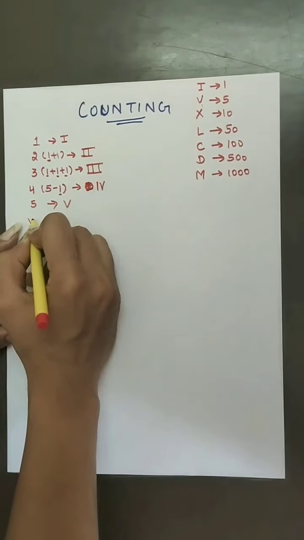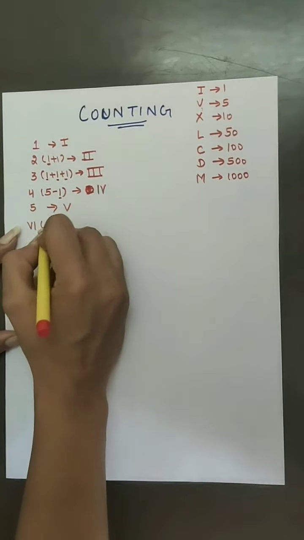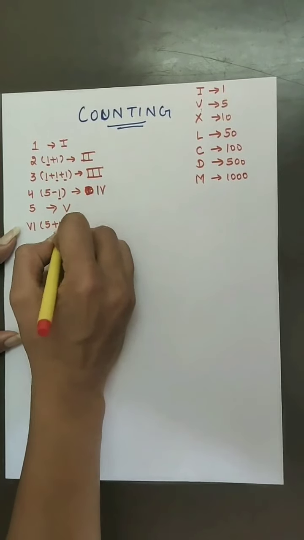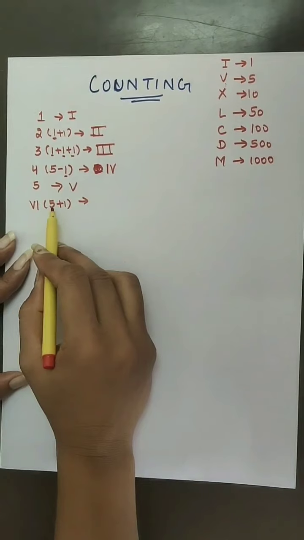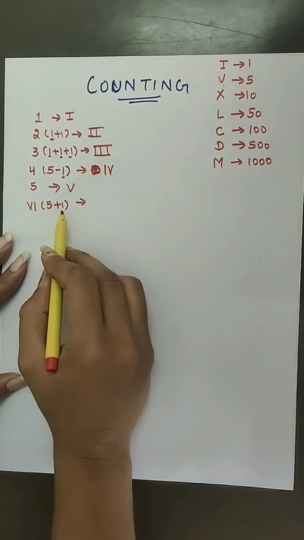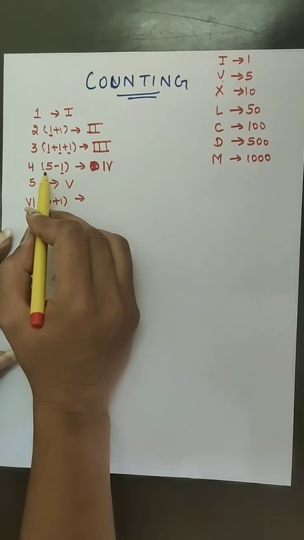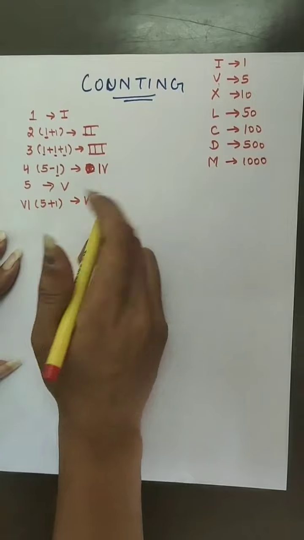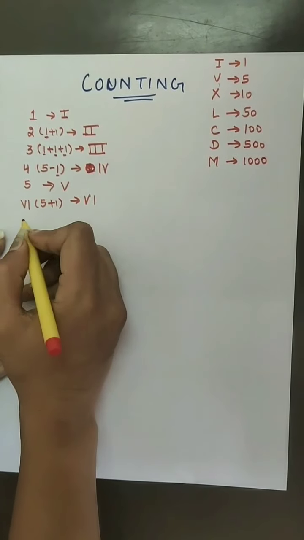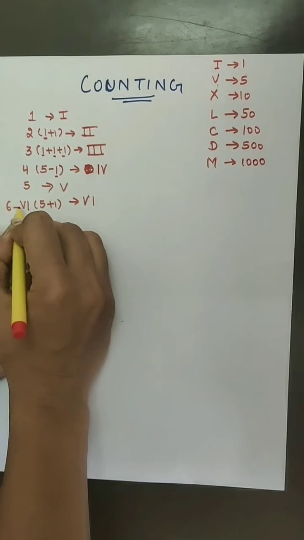Next we have 6. Now 6 is closer to 5, means we will write it as 5 plus 1. Here addition is there. For addition, the same rule: first we write the symbol of this, then the symbol of that. But in subtraction, we wrote the smaller value's symbol first, then the larger value. Now the symbol of 5 is V and the symbol of 1 is I. So this is the value for 6.